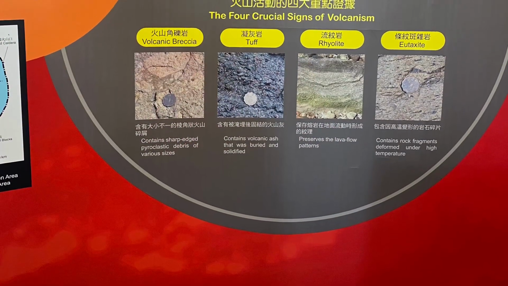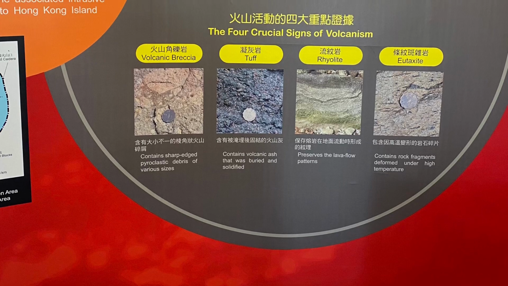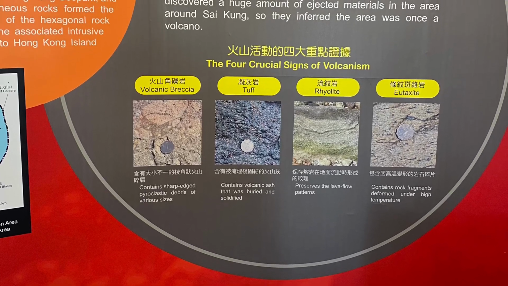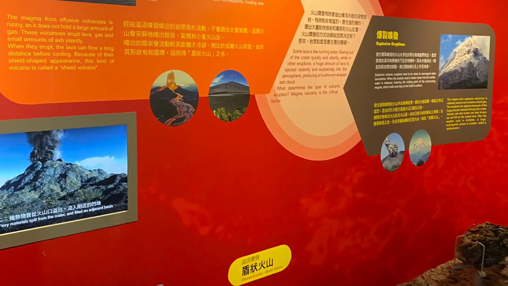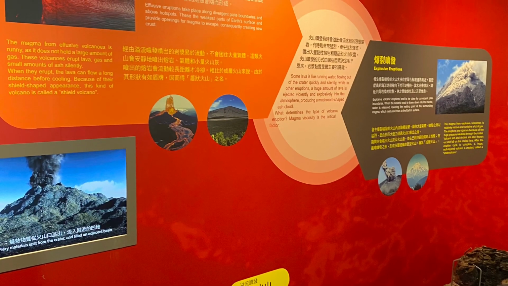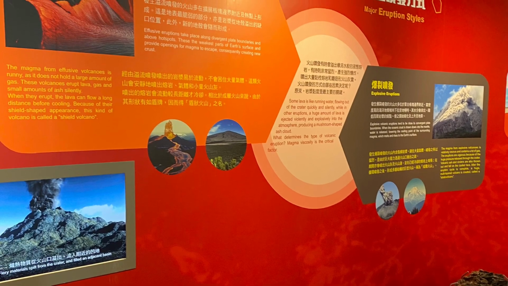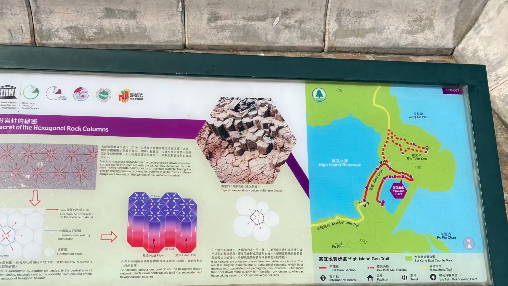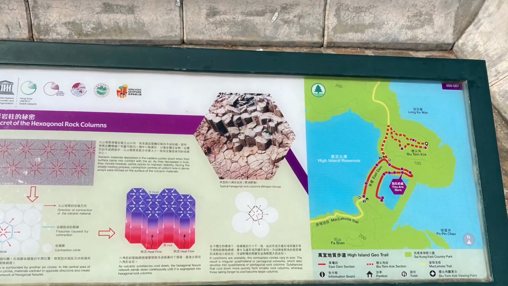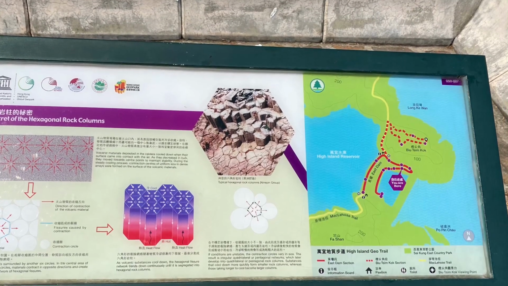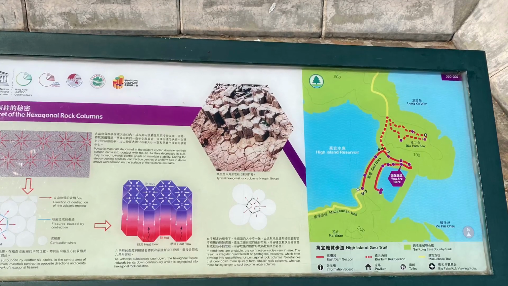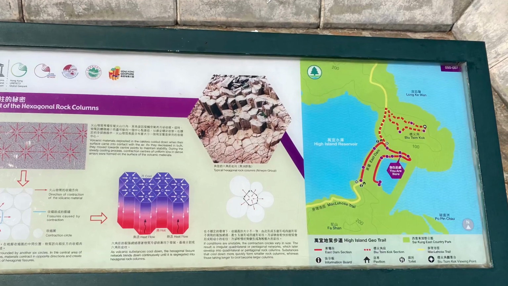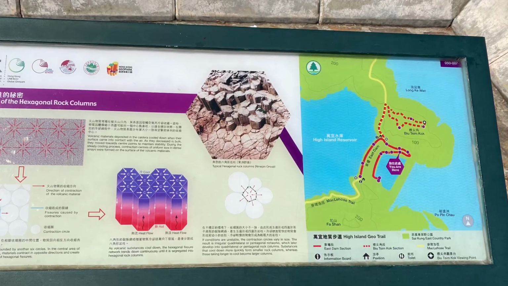Moreover, the volcanic rock can be identified as four types, which are basalt, tuff, rhyolite, and extrusive. So after the explosive eruption or the effusive eruption caused by the volcano, we are finding the volcanic rocks in hexagonal columnar joints. But why? It is because of the very quick cooling rate, the cooling solidification takes place very quickly.